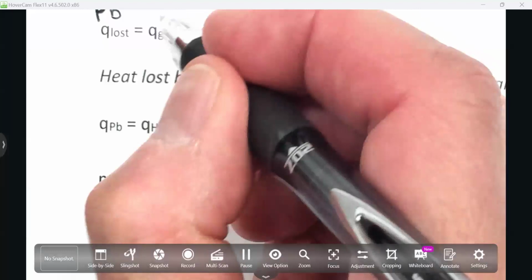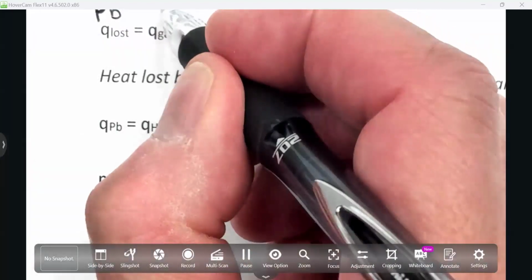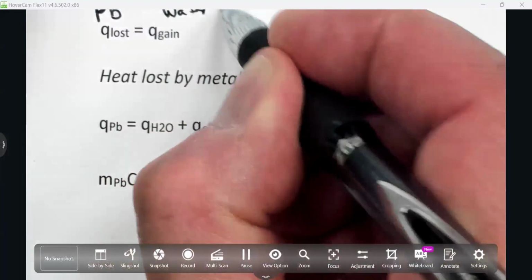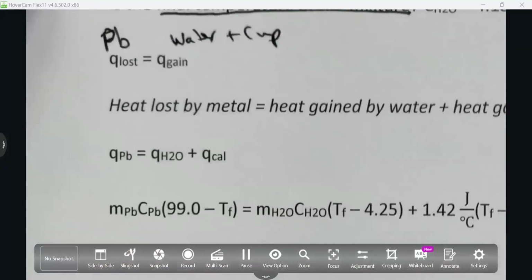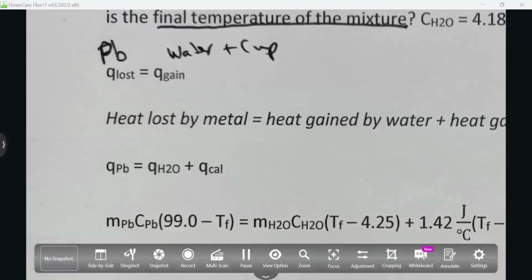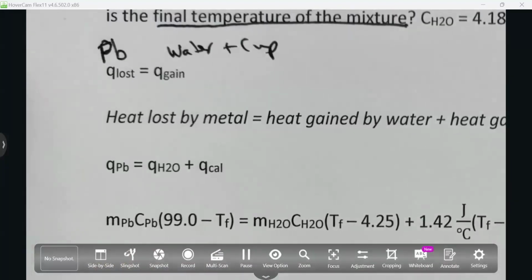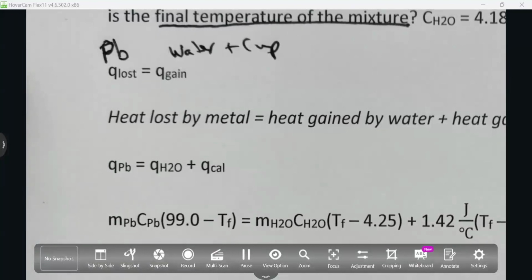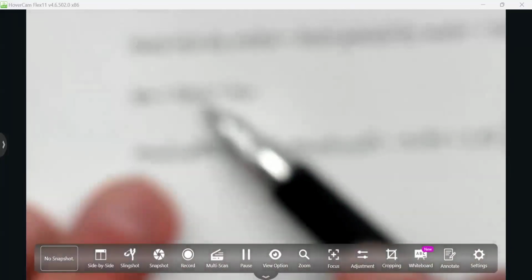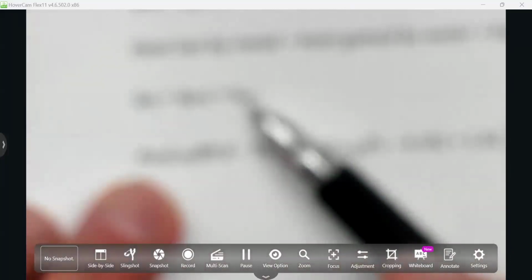It's going to be equal to Q gain, which is going to be the water plus the cup. So I set that up down here. So heat lost here by the lead is going to equal the heat gained by the water plus heat gained by the calorimeter.